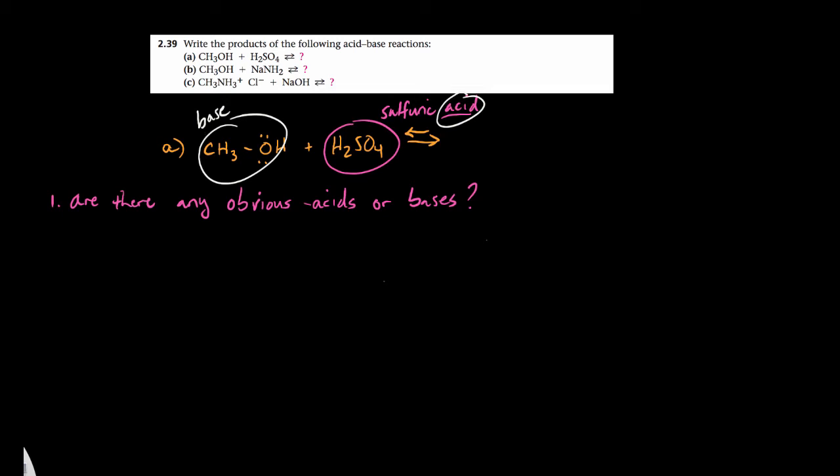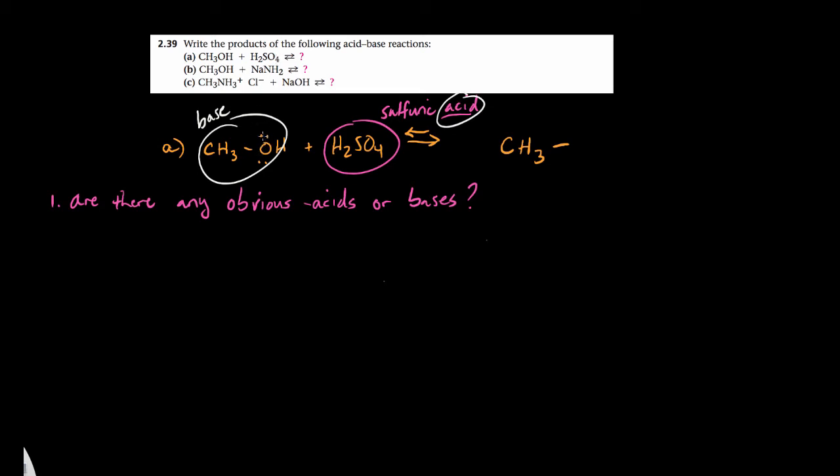So if methanol, CH3OH, is the base, that means it's the one getting the proton, and sulfuric acid is the one giving up the proton. So then we can draw the products. Now, where is that proton going? The only place it can go is onto a lone pair, or some pair of electrons.